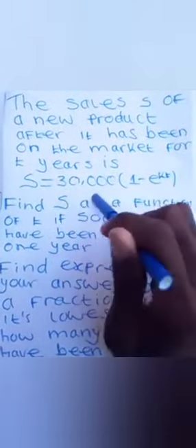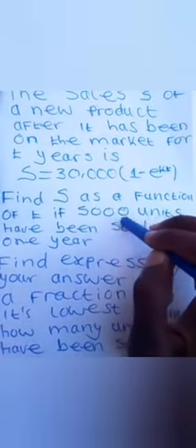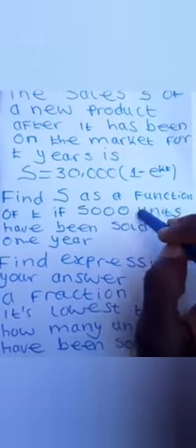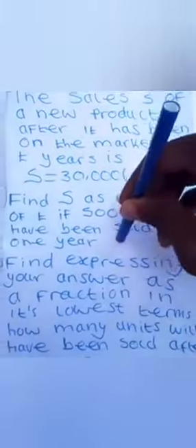They're saying find S as a function of T if 5,000 units have been sold after 1 year.